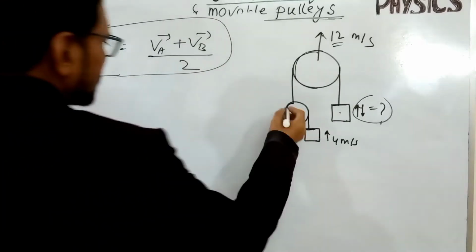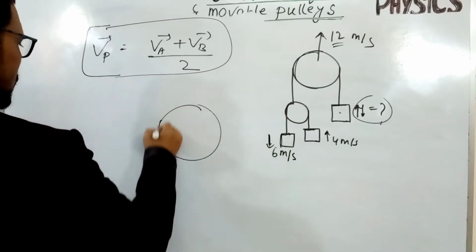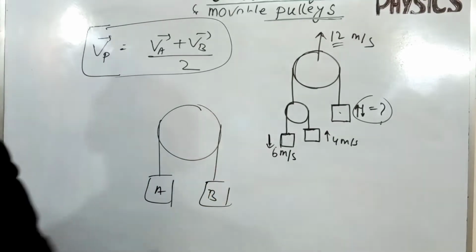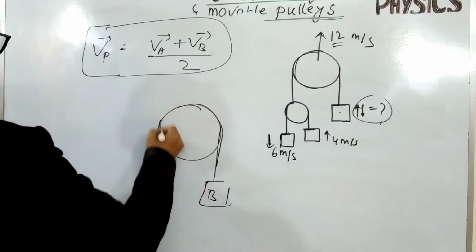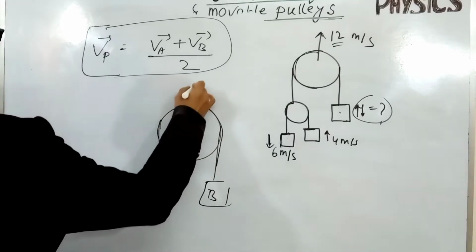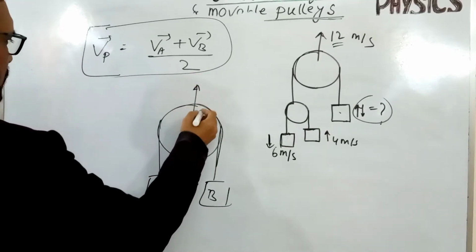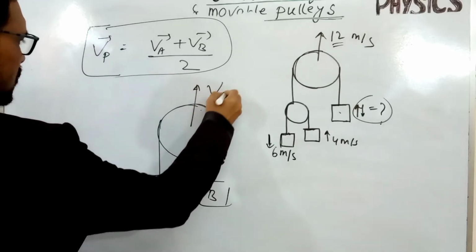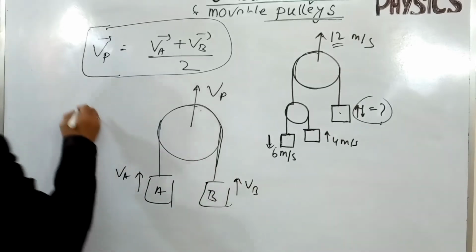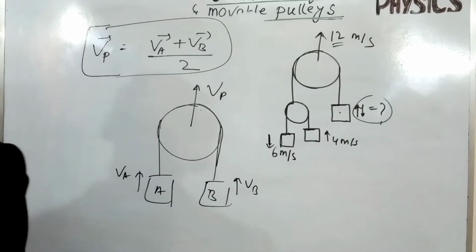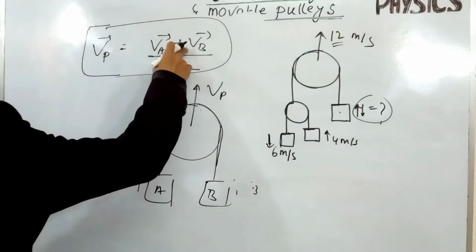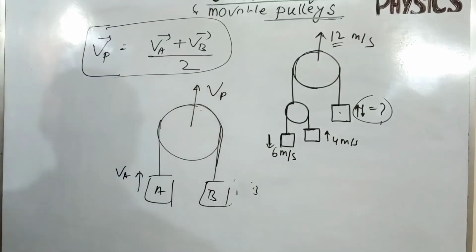Suppose this is a pulley and two blocks A and B are suspended by the string. Now if the pulley is moving upward with velocity Vp, and the block velocities are Va and Vb, then we can apply the formula Vp equals (Va plus Vb) by 2. If one block is moving downward, we always take vector addition.